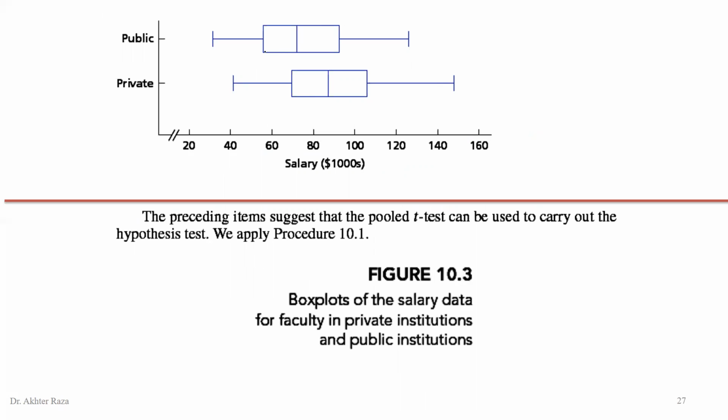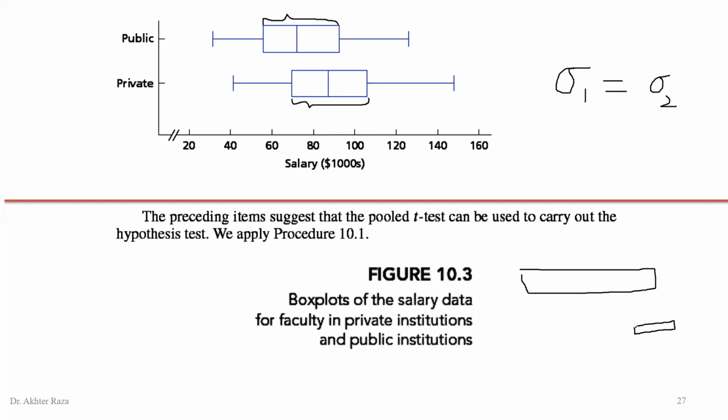Assumption number 4 is that the standard deviations are the same. If the boxes have more or less the same width, we can say that the standard deviations are the same. This is one way of checking the assumption. If one box is too wide and the other box is very small, clearly we can say that the standard deviations are not the same.